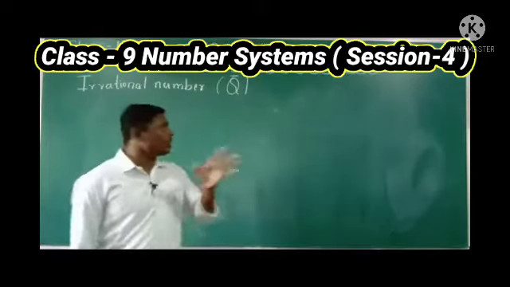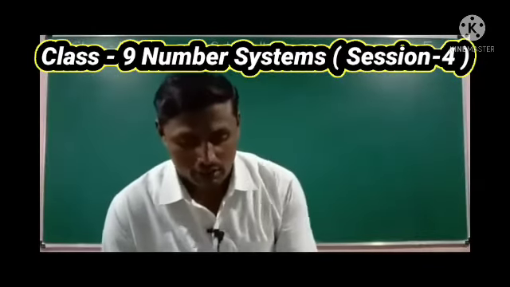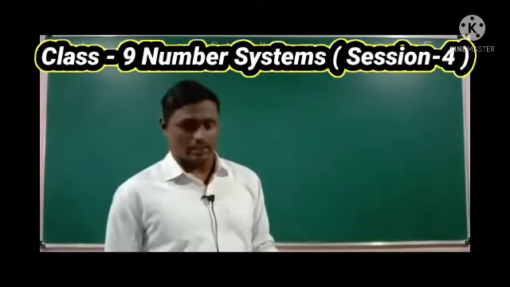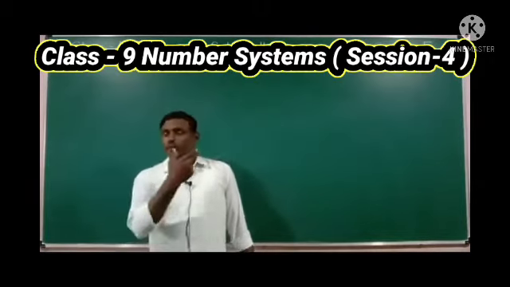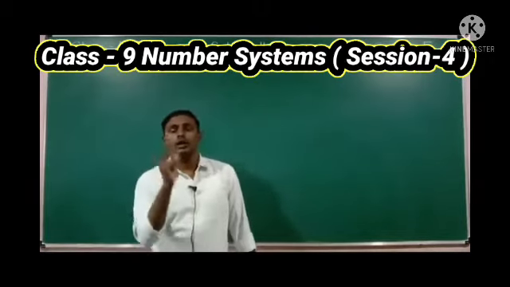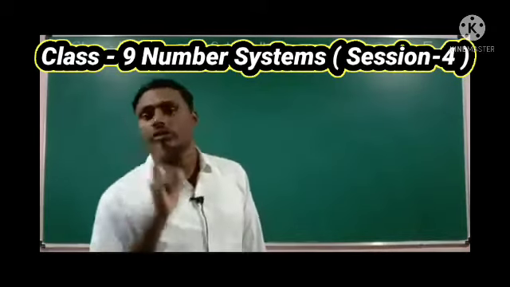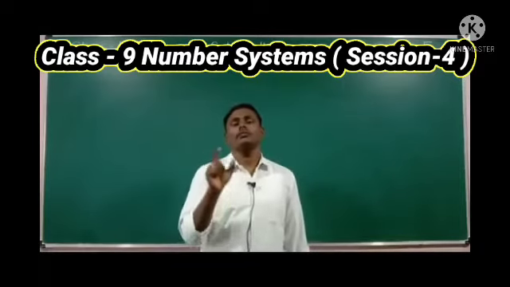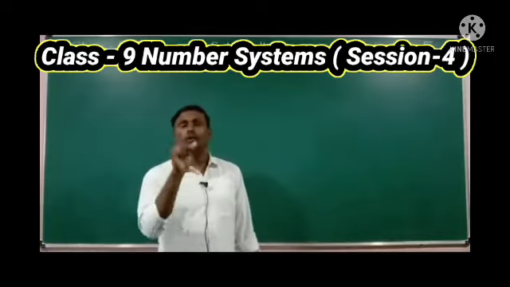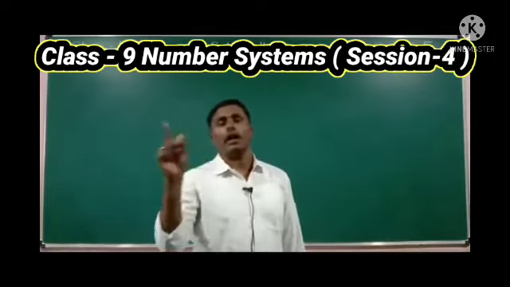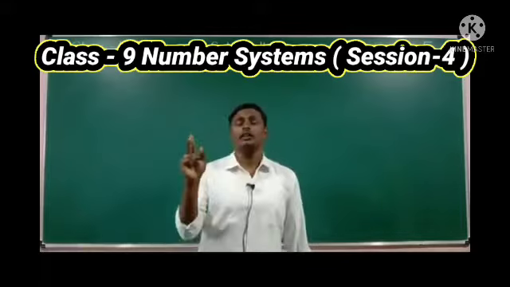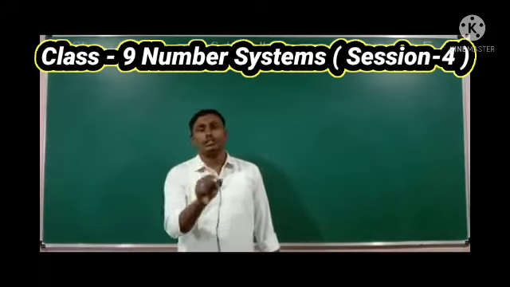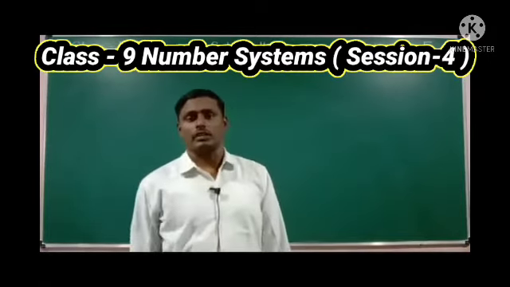Okay. Next, one more concept. Now we will discuss the next concept, that is finding rational numbers and irrational numbers. In previous sessions, we already discussed how we can find rational numbers between any two given numbers. We already know that we can write infinite, uncountable rational numbers between any two given numbers. If I give 2 and 3, I can write infinitely many rational numbers between 2 and 3, right?